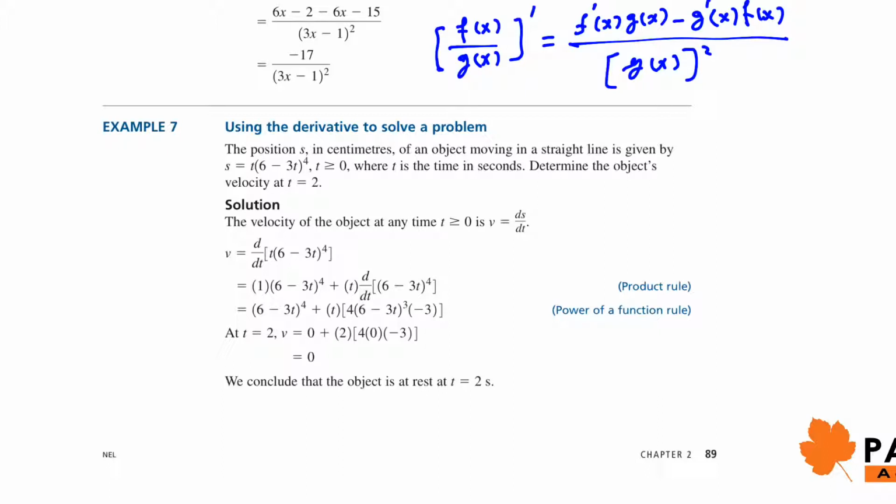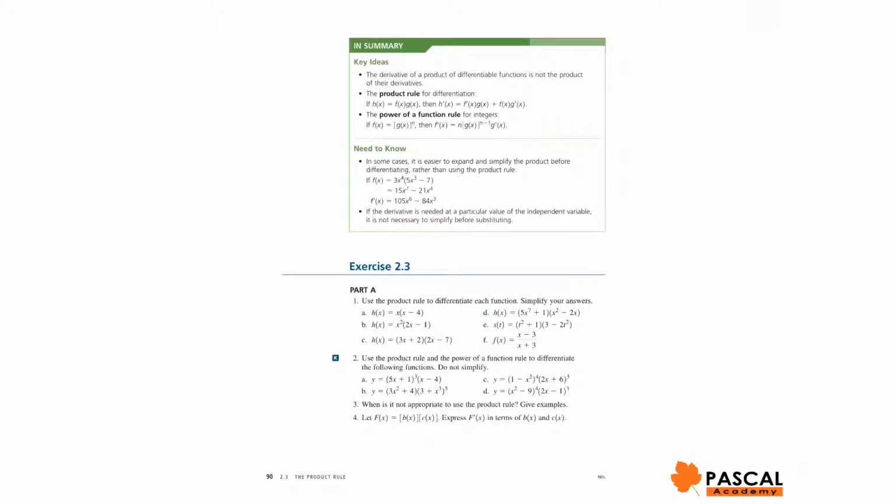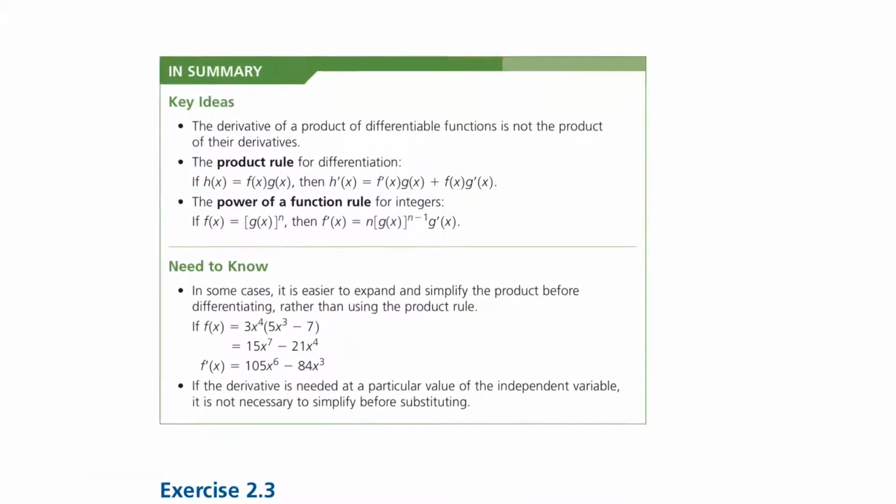Derivative of 6 minus 3t to the power of 4 is 4 times 6 minus 3t to the power of 3 times negative 3. Then by replacing 2 into the derivative, we see velocity is 0. Therefore, the object is at rest at t equals 2.